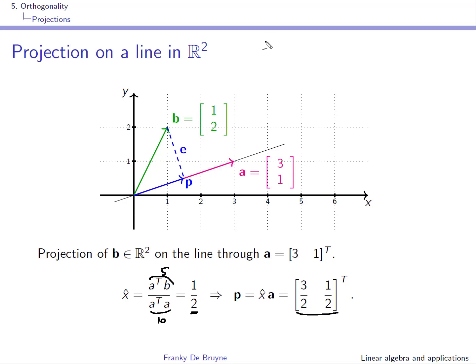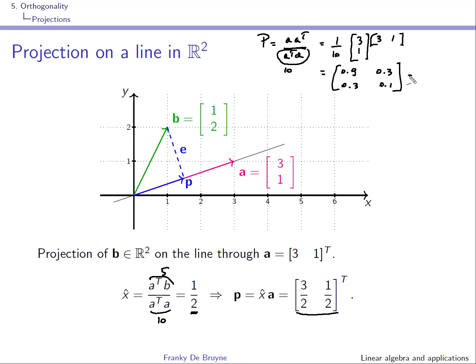Okay, we could also write the projection matrix, and the projection matrix is A A transpose divided by A transpose A. We already know that this one is 10. Okay, so it's 1 over 10 times the vector 3, 1 times its transpose. So you will have 0.9 over here, 0.3, 0.3, and here 0.1.